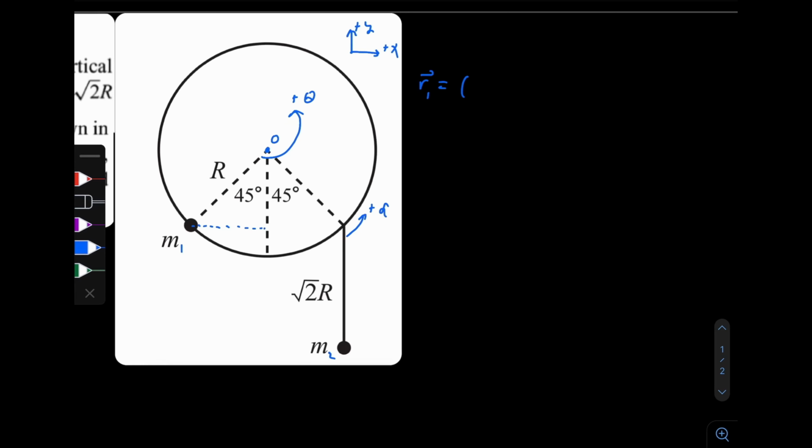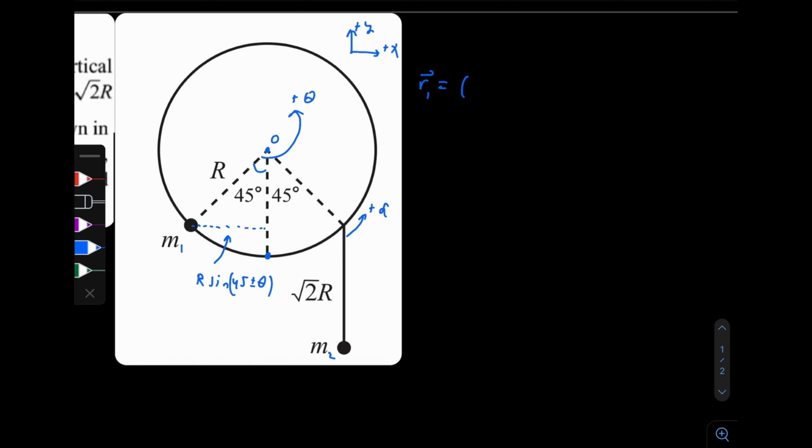So this magnitude here is going to be r sine of 45 initially, right? But imagine increasing theta to 45 degrees. Then m1 is going to be right here, and that means our x coordinate is going to be 0 relative to the origin. So we need some dependence inside this function on theta.